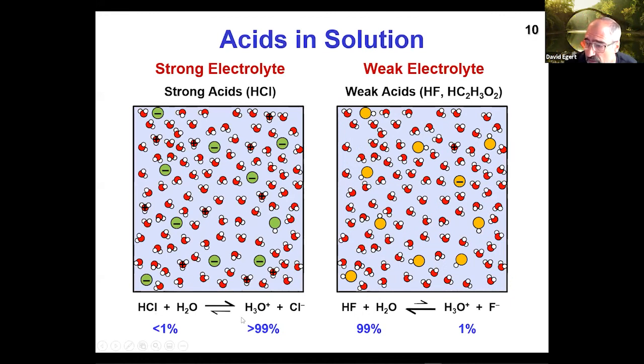It's HCl, and every HCl becomes basically an H plus and a Cl minus. But there are also weak electrolytes, for instance, carbonic acid, which is going to be really important. Or here we have HF, hydrofluoric acid. Part of it does break apart. We can see that. Let me get my annotator.